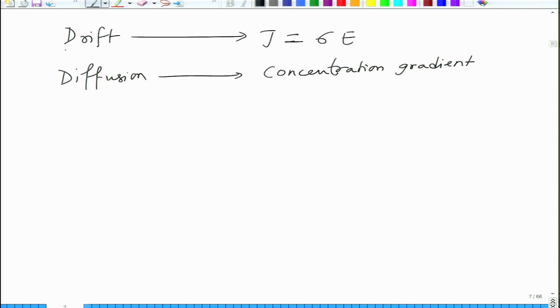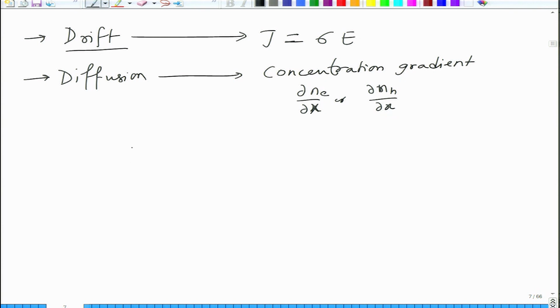So you have a current driven by drift, which takes place because of the electric field, and then you have dNe by dx or dNh by dx. If you take a one dimensional model of these, you can also take a three dimensional model, that is not a problem. So these are the two phenomena. First is drift, electric field driven, second is diffusion, that is concentration gradient driven.